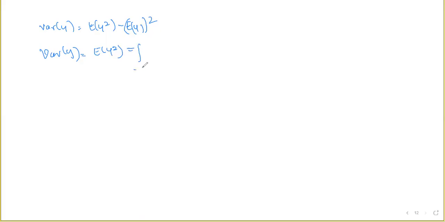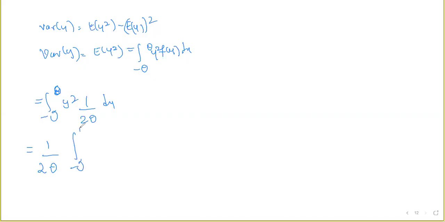So now the integral from minus theta to theta of y square, because we need expected value of y square, times 1 divided by 2 theta dy. So 1 divided by 2 theta, integral from minus theta to theta of y square dy.